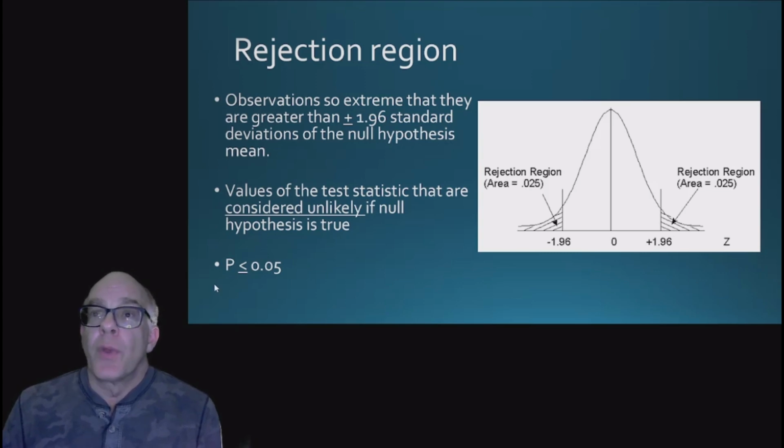And then in this case, we're going to have p less than or equal to 0.05, meaning that our results are going to be so extreme or so unlikely to occur, they're going to occur less than 5% of the time, less than 1 time out of 20, if our null hypothesis is true.